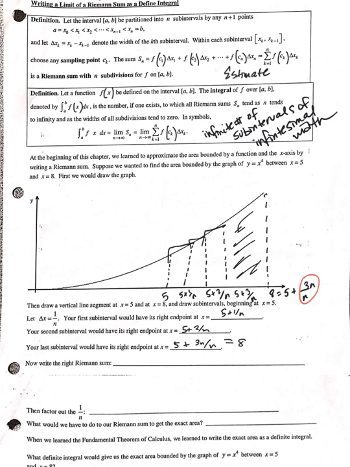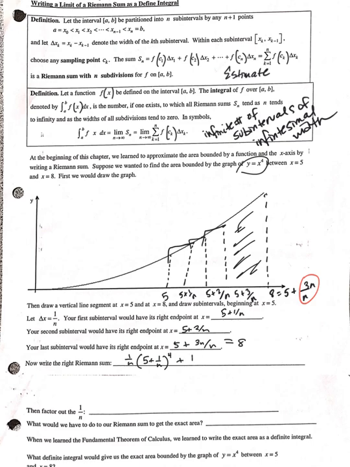Now, the right Riemann sum is delta x. Well, delta x is 1 over n times the output. Well, look at the function. The function is x to the 4th. So, the output at the right-hand value of the first interval. The first interval is 5 to 5 plus 1 over n, right?